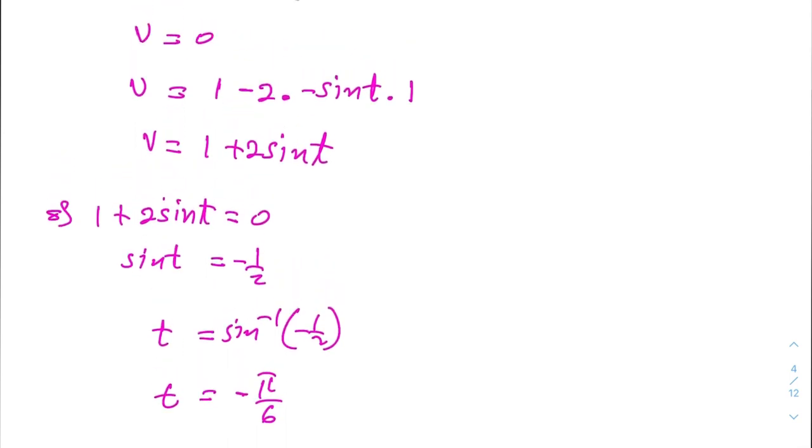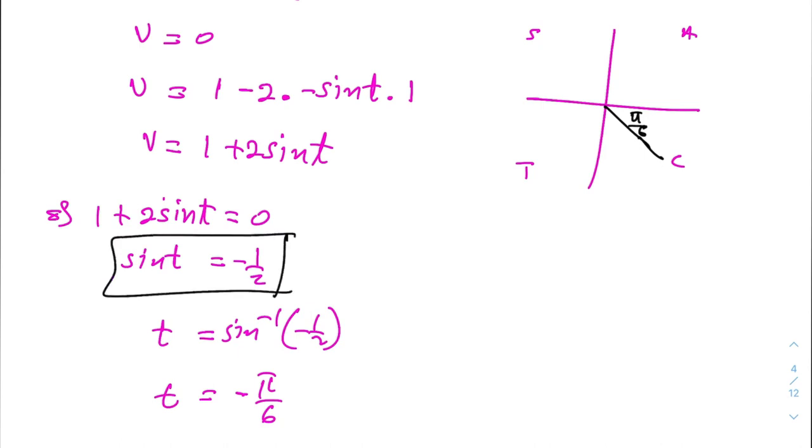So that means that we need to use what some books call the CAST method. That means cos is positive, all are positive, sine is positive, and tan is positive here. Now, this essentially means that if you have negative pi on 6, it means the angle is down here, pi on 6. And that is actually, if you look at the case that we have here, sine is negative.